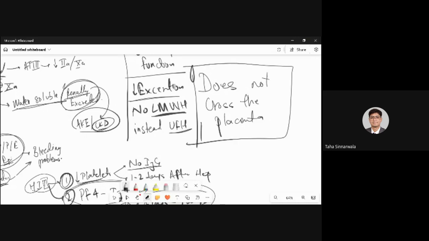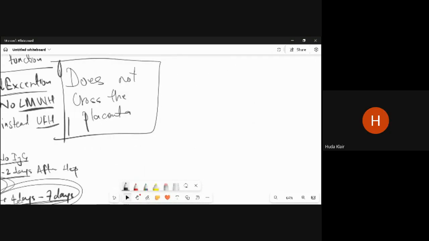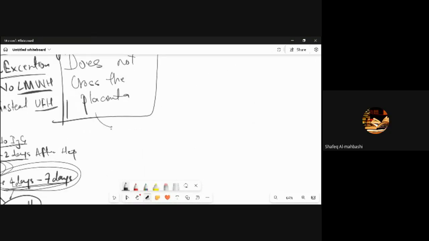What would be the clinical implication of this? So it means it can be safely used in pregnant women. No fetal bleeding. Yeah, so the idea is still the same, that it is safe to use in pregnancy. It does not go from the mother to the child, and that's why the child is protected, and that it's safe to use in pregnancy.